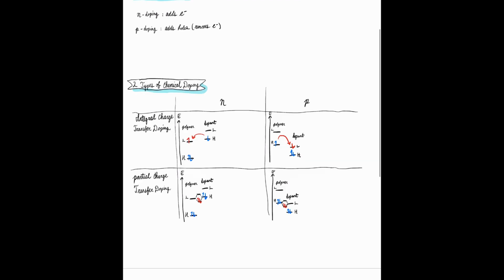This sharing of electrons decreases the amount of electrons in the HOMO level of the polymer, which adds more holes. Thank you.